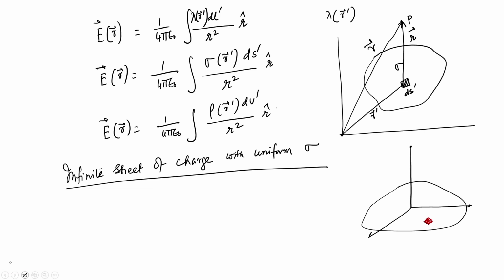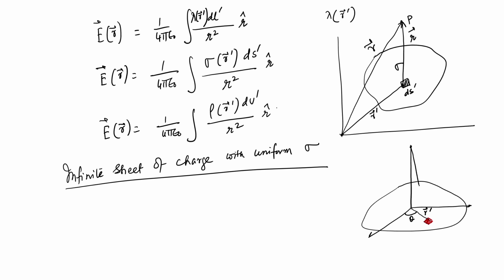So let us just show this. This point is, let us say, p, and this is theta, and from the origin of the coordinate system, this is your r prime, and you want to calculate the field here.